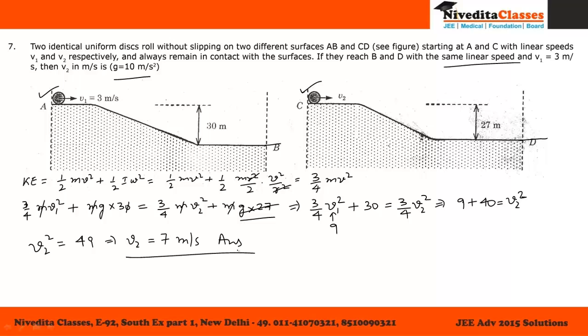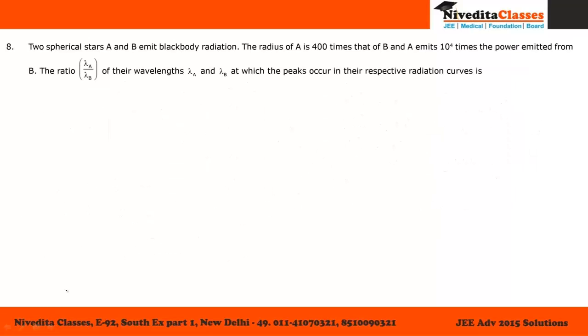Now moving to the next question, we have to find the ratio of wavelengths of the two spherical stars which are emitting black body radiations, and we are given the ratio of the radius and also the ratio of the powers emitted by them.